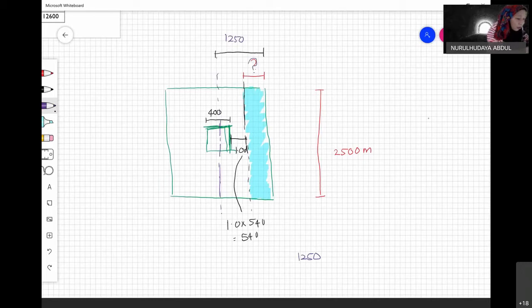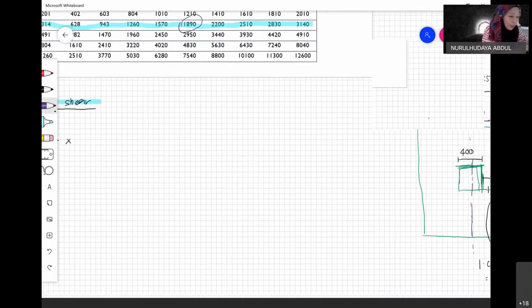Semua ni you kena buang, maksudnya you kena minus. So minus dengan of course half of the column which is 200 mm, and also you have to minus this 1D which is 540. So 510 mm. So kita dah boleh lah kira area ni.